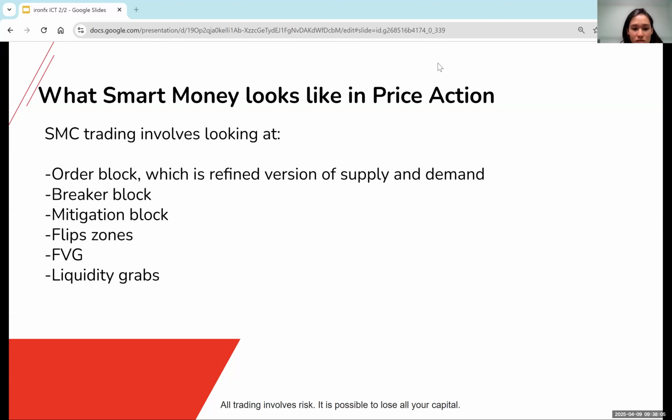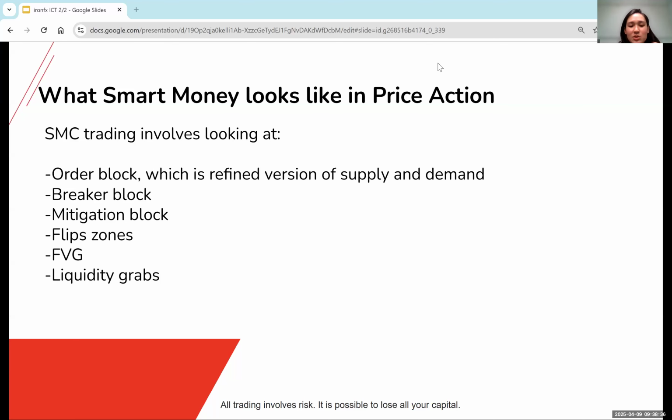Okay, so if I'm trying to explain how liquidity grabs happen, institutions can't enter these massive positions at random, right? So they need liquidity to fill their orders. So these zones, your stop losses beyond your swing lows or swing highs, will become liquidity pools.